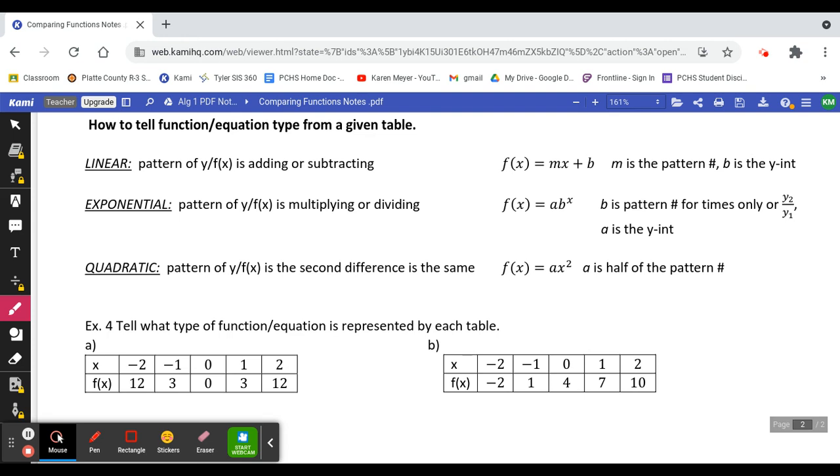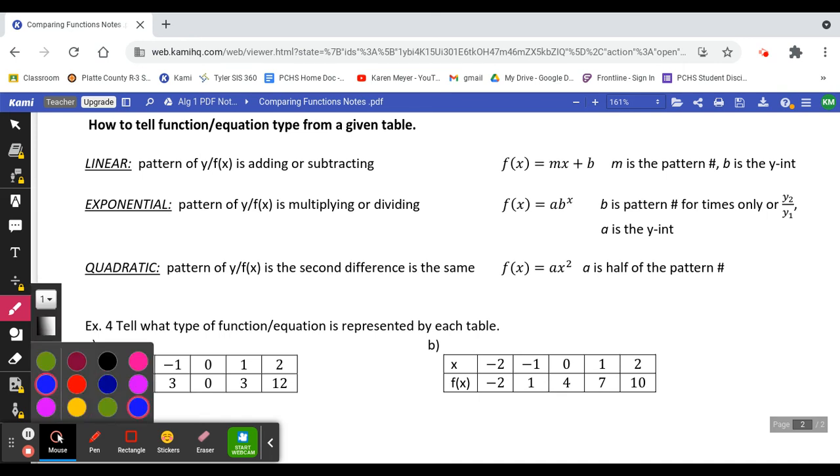Exponential. To be exponential, you look at the y or the f of x number, and the pattern is multiplying or dividing. Now, what if you don't see a multiplying or dividing pattern that jumps right out at you? What you could do is take the second y and divide it by the first y.